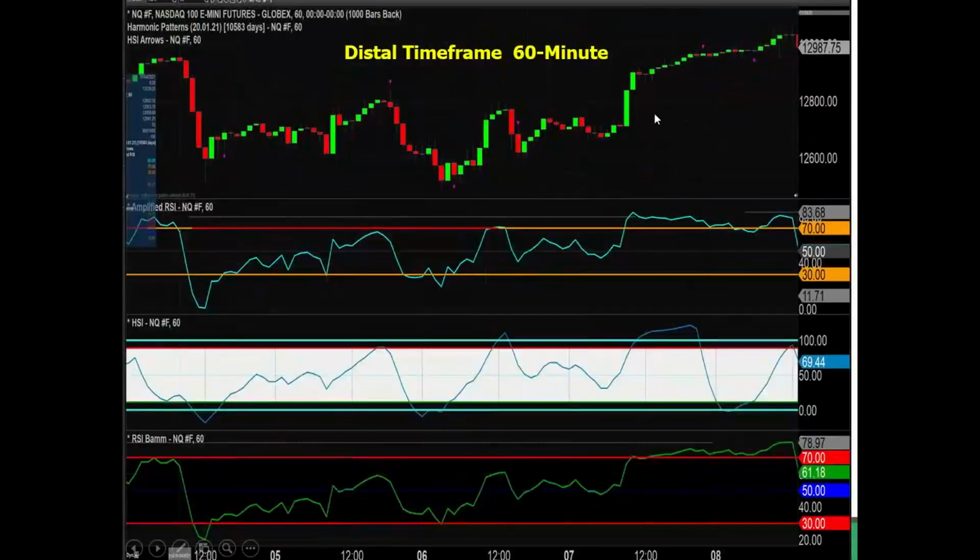Here's the 60-minute time frame, and what we had down there last week was a 60-minute HSI. Actually, we had triple confirmation on the 60-minute. So this is a great way of looking at the larger time frames, focusing and using HSI as one of the primary metrics to pinpoint these continuation levels.